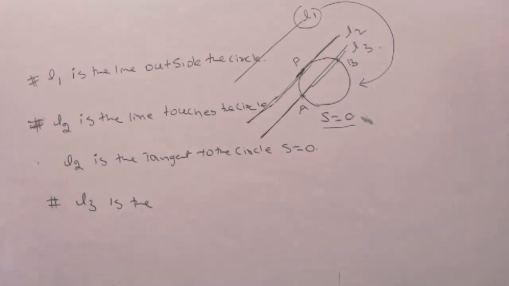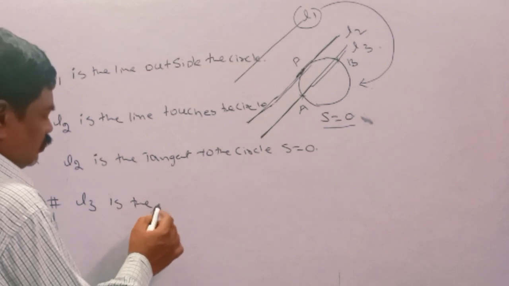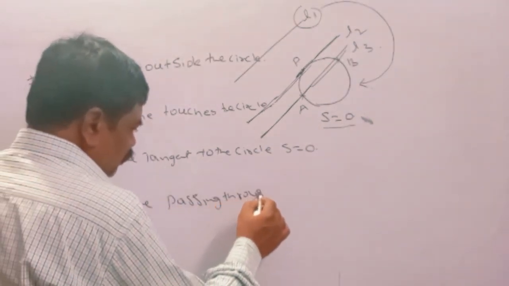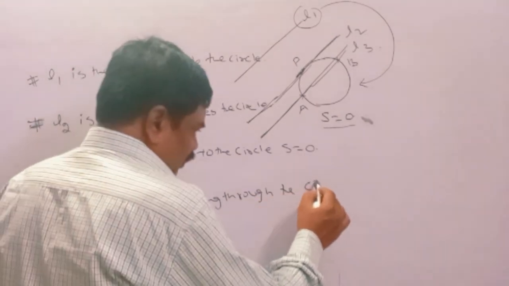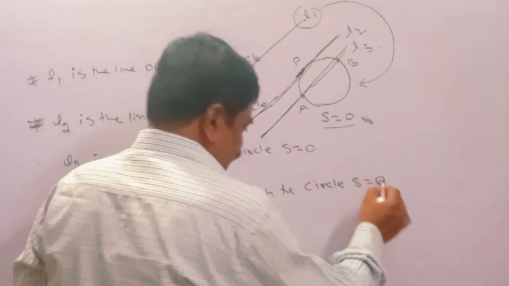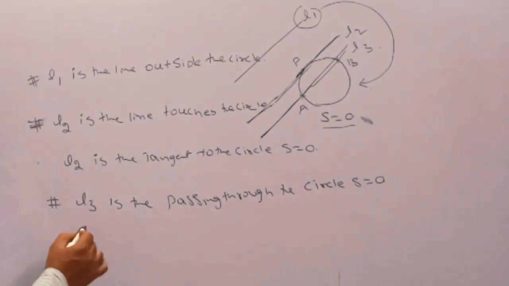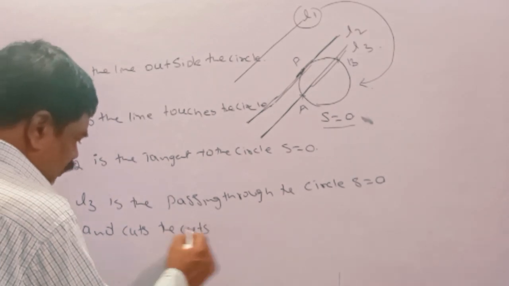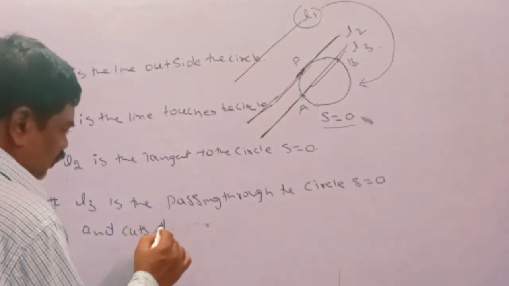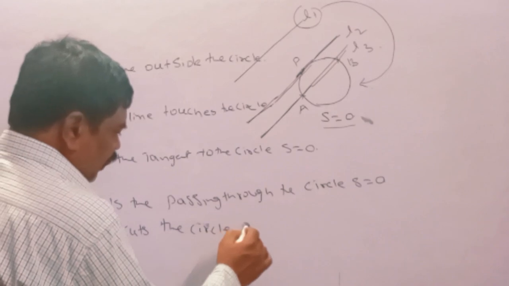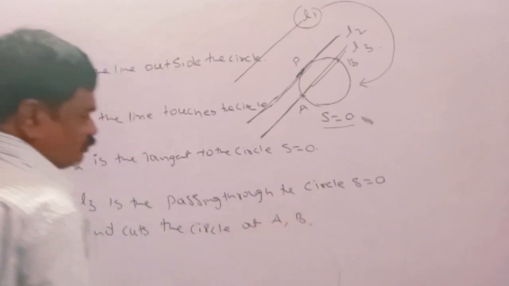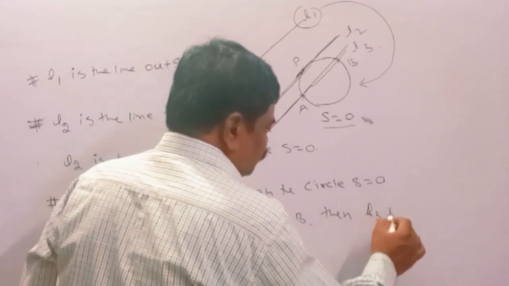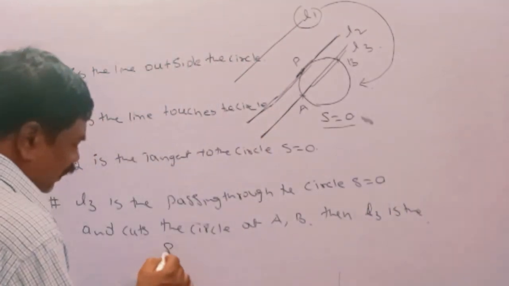And L3 is the line passing through the circle S is equal to 0 and cuts the circle at A comma B. Then L3 is the secant line.